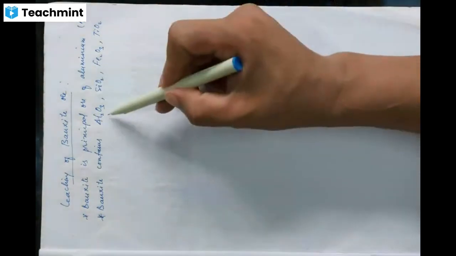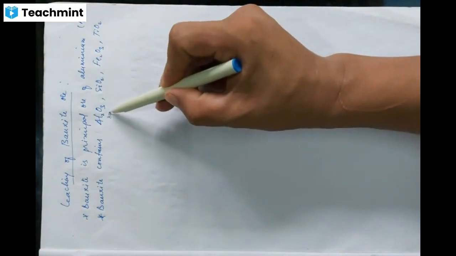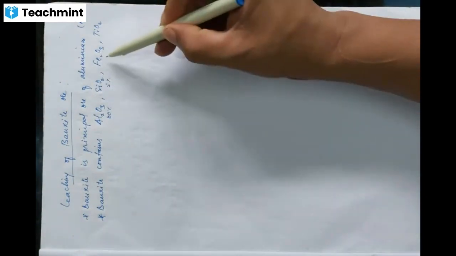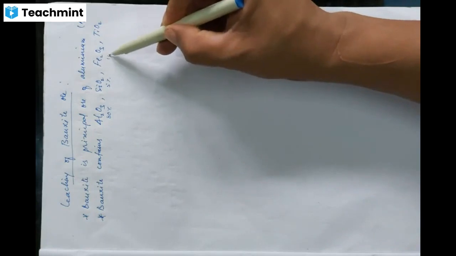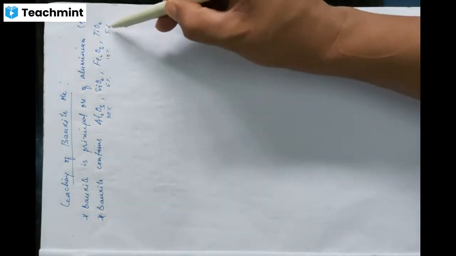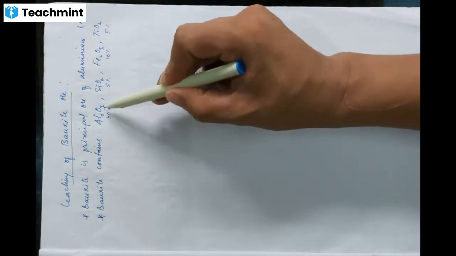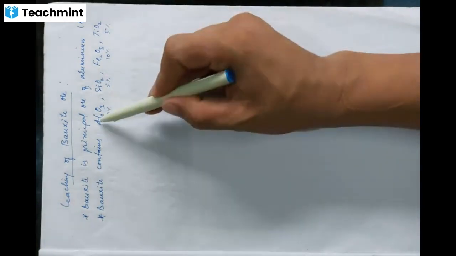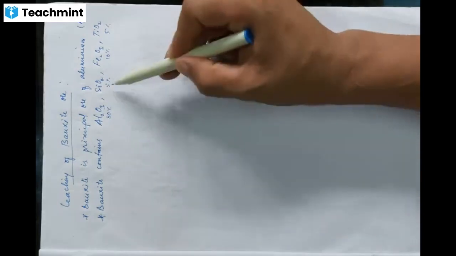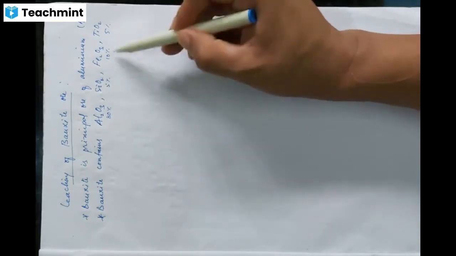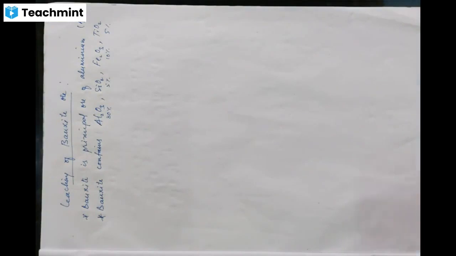We call them impurities. Suppose, as I mentioned, this is 80%, this is 5, maybe this is 10, and this is 5%. So the larger percentage is what we extract for our purpose, and the rest, even if present, we consider to be impurities.